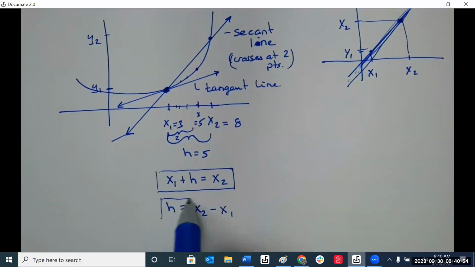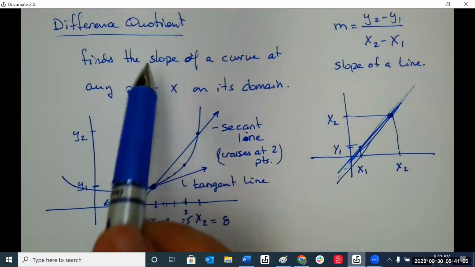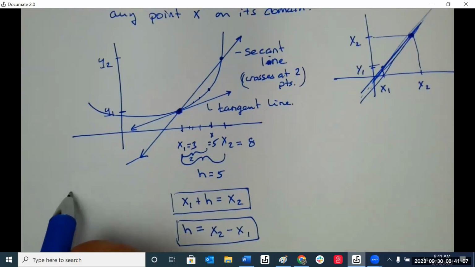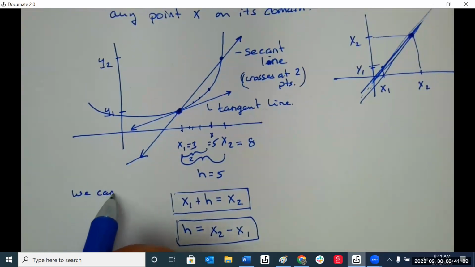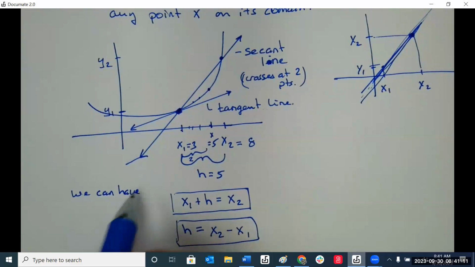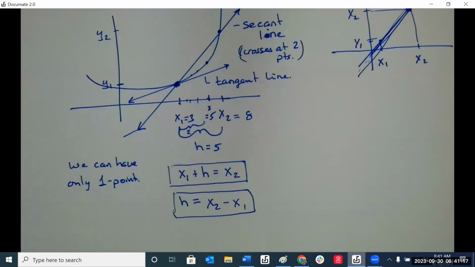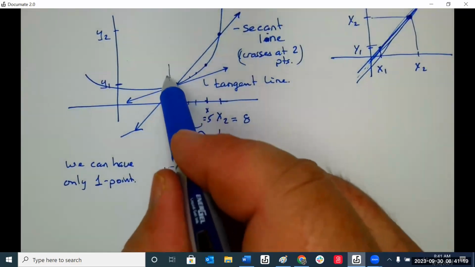So there's a relationship between x1 and x2 again. Remember, with the difference quotient, we can have only one point. That's this point.